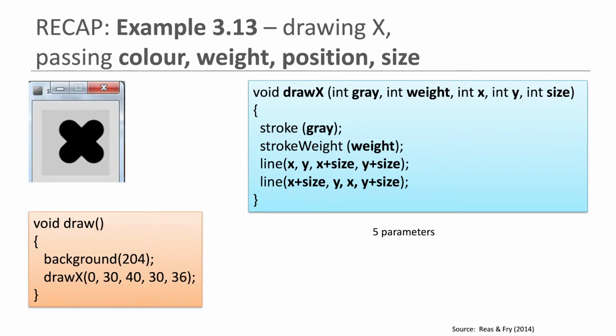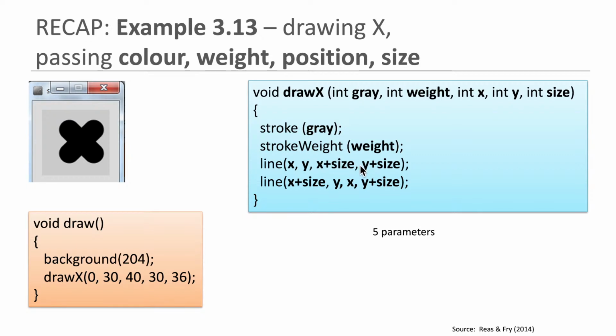What we did is we took that and split it up, put the code into the draw X method, and we parameterized it by taking in parameters for the color in grayscale, for the weight, the X and Y position, and also the size.